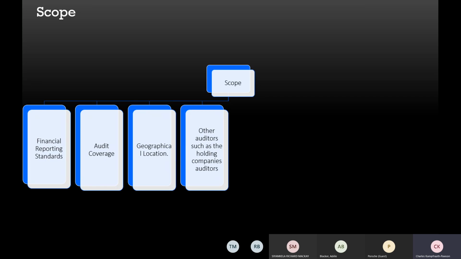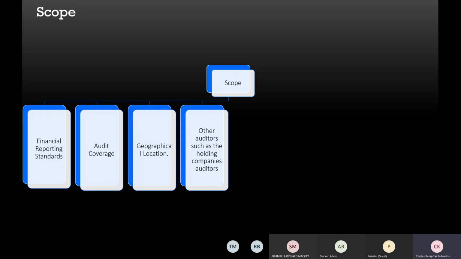This I mentioned earlier. Are there other auditors? Does this group of companies maybe have Ernst & Young as the group auditor, the main company's, so the holding company's auditor, and PricewaterhouseCoopers as the auditor of the subsidiary?